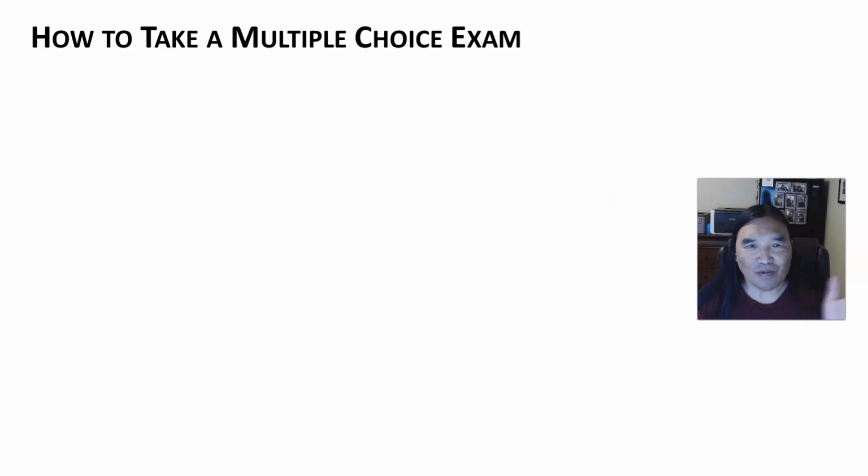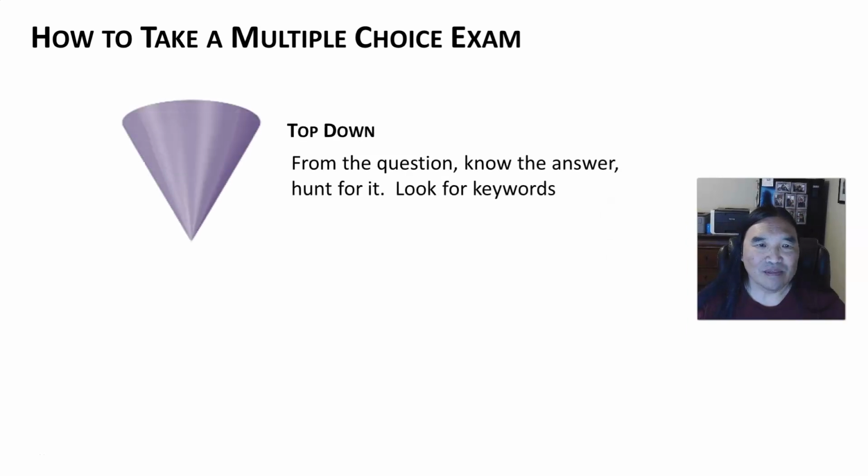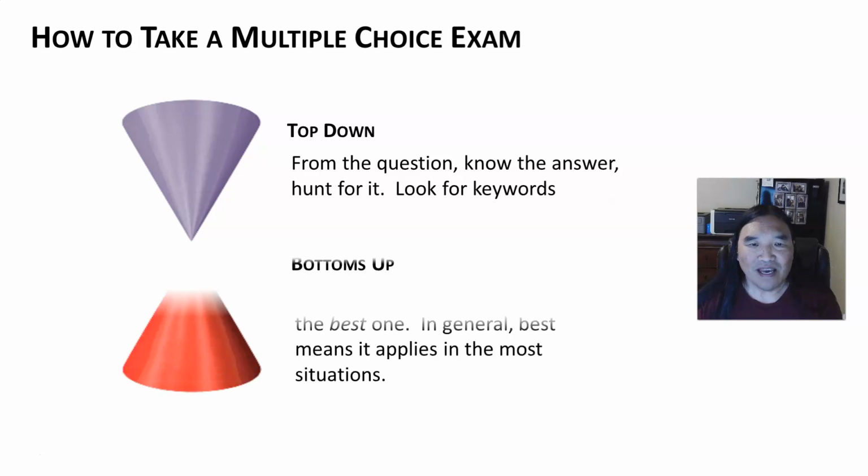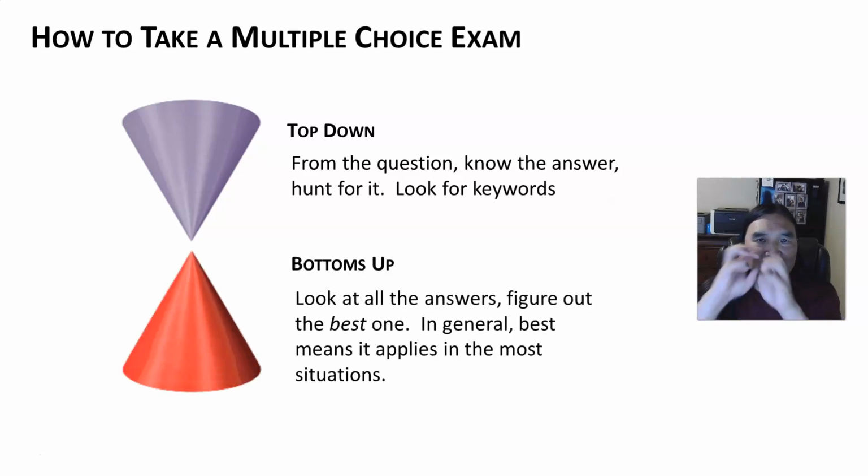Now, for those of you who are worried about multiple choice exams, they're typically either top down or bottoms up. Top down is I can read the question and know right away what it is I need to look for. So I just start hunting through the answers to find the answer I want. In certain situations, you don't know what the answer is, and that's bottoms up. I have to look at all the answers and figure out which one is the best answer.